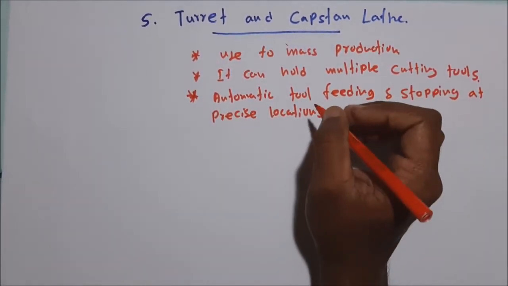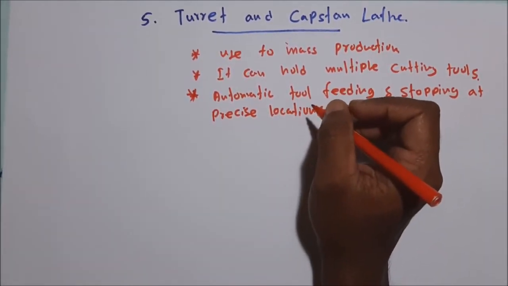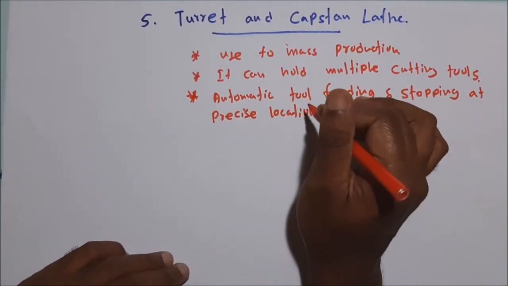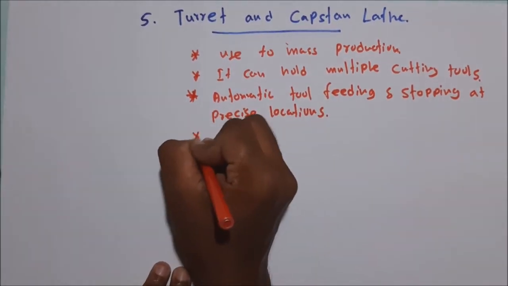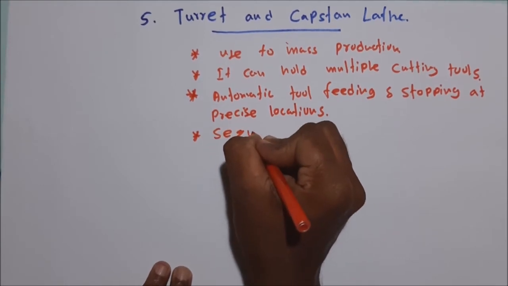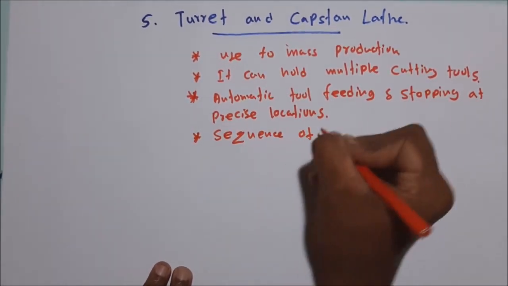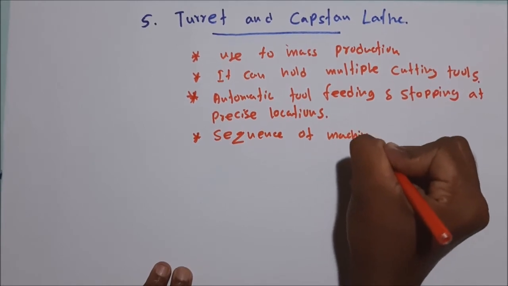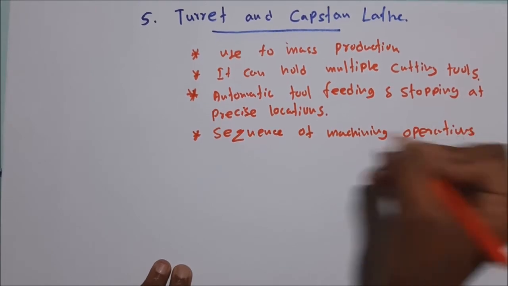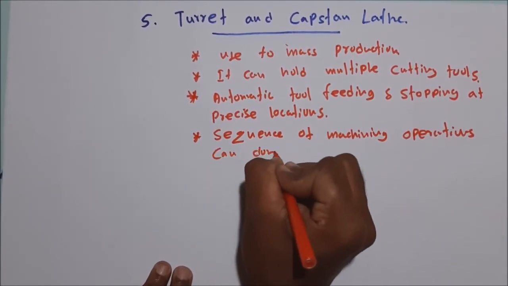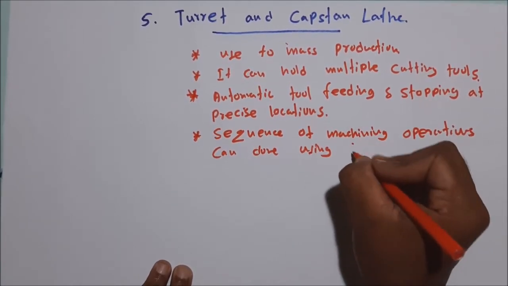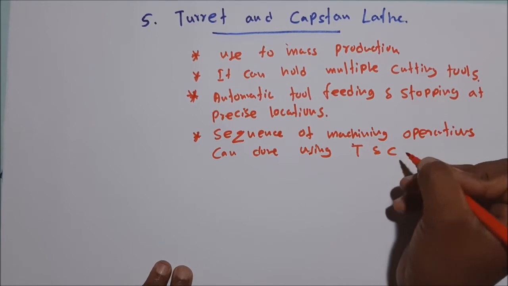A sequence of machine operations can be done with the turret and capstan lathe.